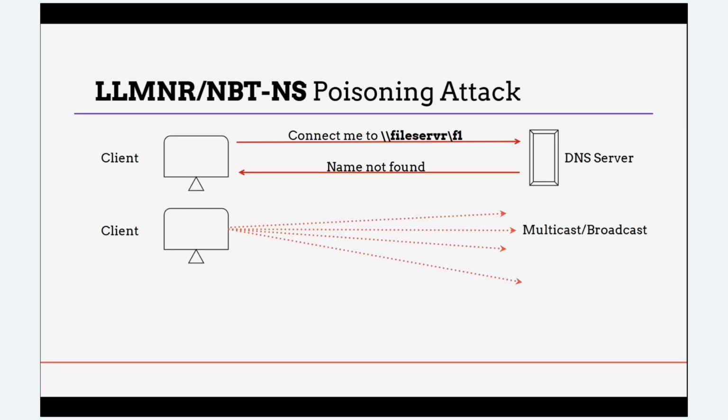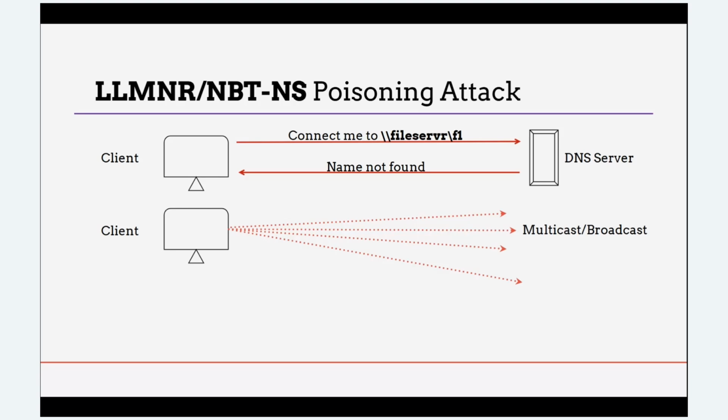It'll request all the machines available in your environment. In a normal scenario, everyone will say no, I don't know, and you will get a pop-up stating that the server is not found. Kindly check the path that you have entered and try again, or check if the server is down.